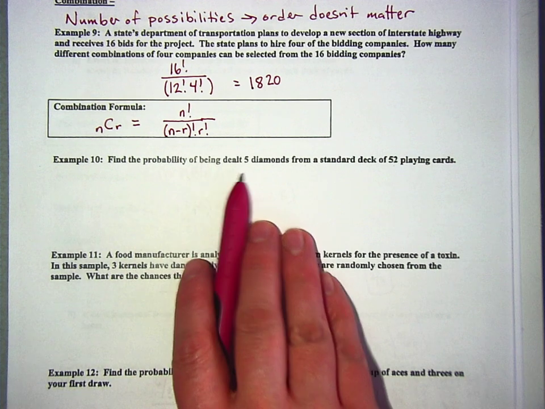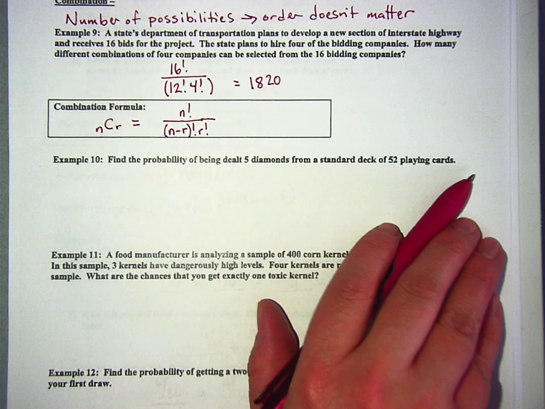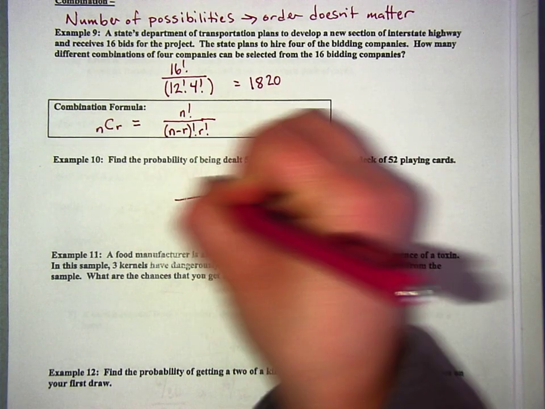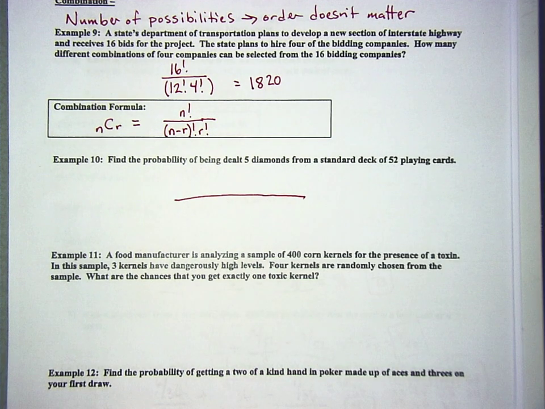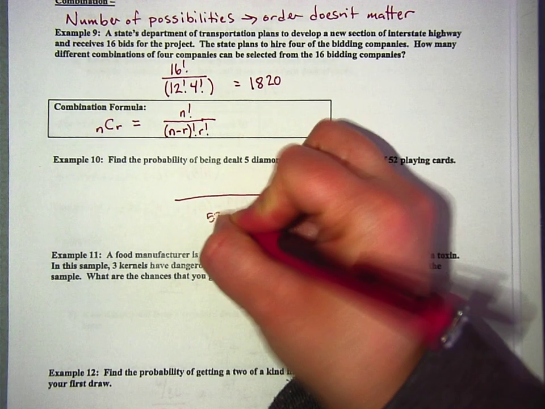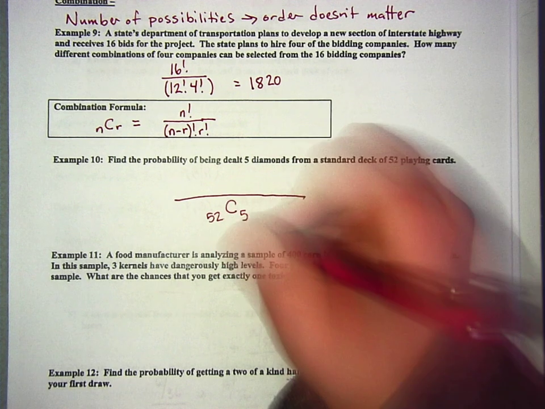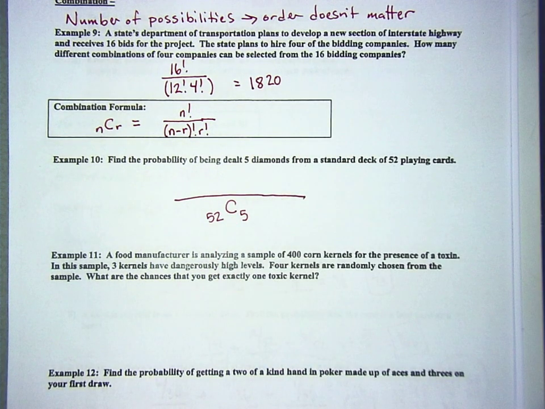So find the probability of being dealt 5 diamonds from a standard deck of 52 playing cards. It's a probability, so there's a fraction involved. On the bottom, there's 52 cards, and we are choosing 5 of them. So that's the number that's going to go on the bottom of the fraction. How about the top of the fraction? Anybody?